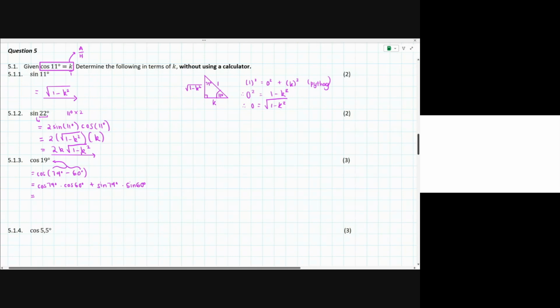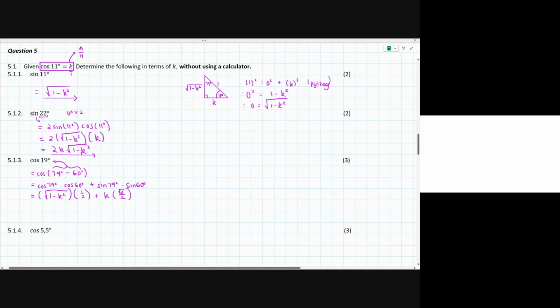It is not something I know, nor something I choose to know off by heart, which I know is shocking. Cos 79, you go to a triangle and read it off. Cos, adjacent over hypotenuse, so this would be the square root of 1 minus k squared. Cos 60 is a half. Plus sine 79, opposite over hypotenuse, that's just k, times sine 60, which is root 3 over 2. Every now and then I do know them.